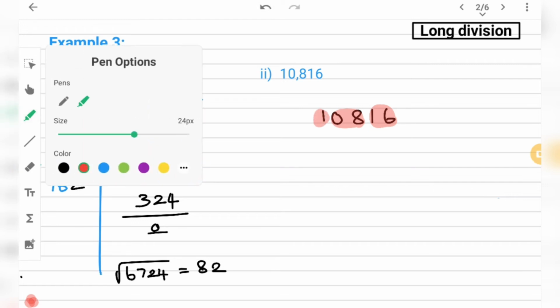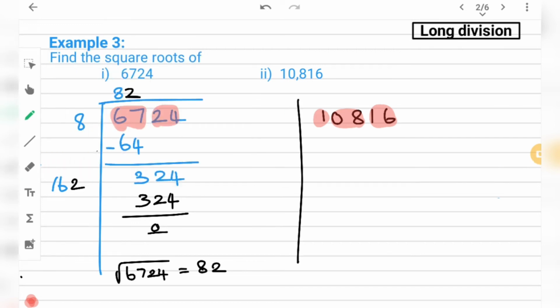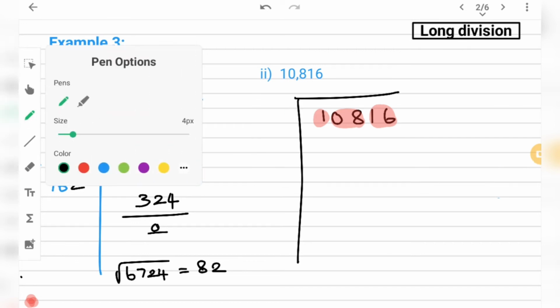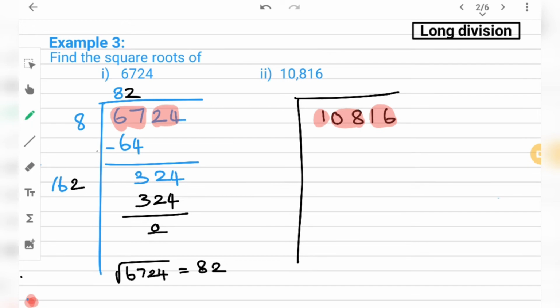Okay, fine. Now draw the line like this, and next I'm going to place a number here and here. If you multiply that, you have to get the exact number or less than this. Here I am having 1. So, shall I put 1 here? 1 ones are 1. Fine?